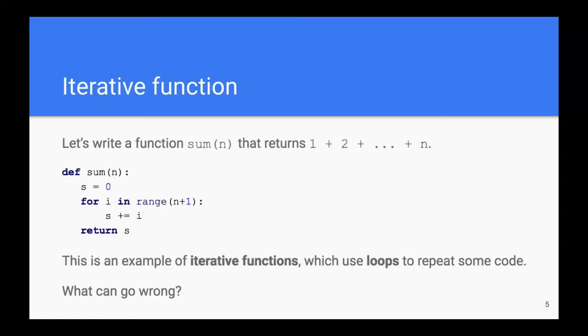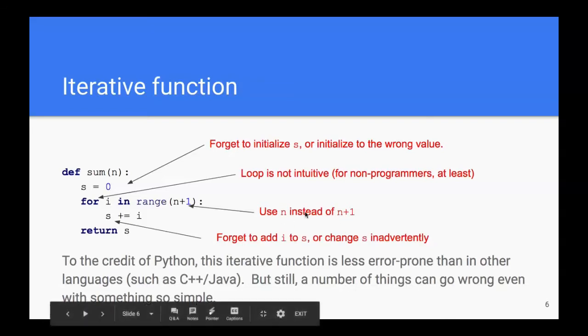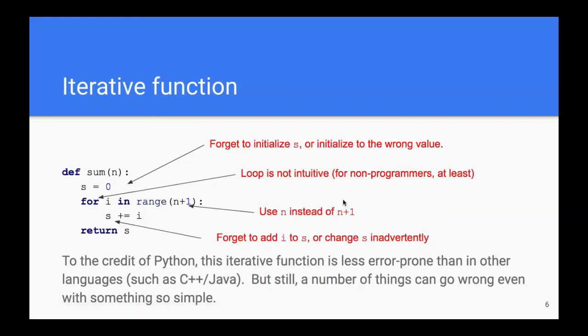Well, one thing we just saw is that I used n instead of n plus 1. Some other things that might go wrong: I call the accumulator S in the slide, but maybe I forgot to initialize S, or the accumulator, or maybe I initialize it to something that's incorrect.